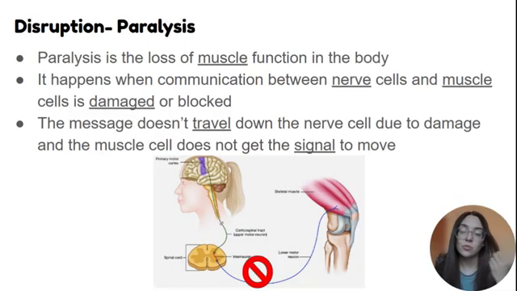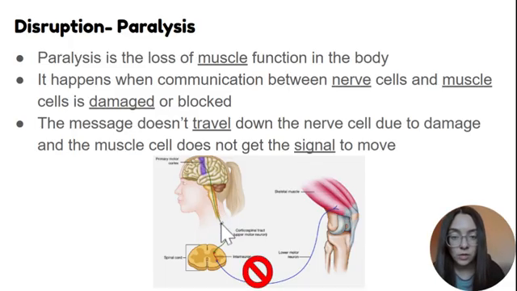Okay, well, that is going to cause what we call paralysis. Paralysis is the loss of muscle function. So muscles cannot move. And it happens when communication between nerve cells in the brain and muscle cells is damaged or blocked, right? So here we have that example of a nerve cell.